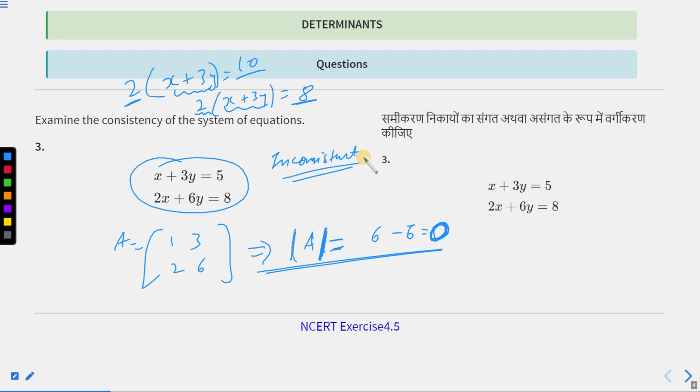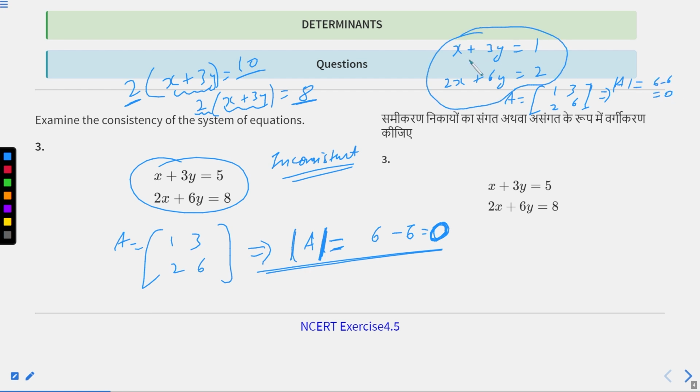Clear? It might happen that the determinant is 0 but the system is still consistent. Suppose x plus 3y is equal to 1 and 2x plus 6y is equal to 2. If you find the determinant, the A matrix will be 1, 3, 2, 6, and the determinant will be 6 minus 6, which means 0. But here you will have infinitely many solutions. Why?